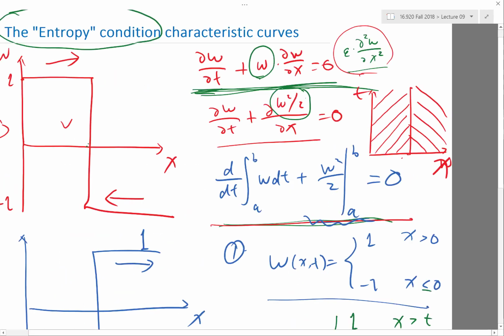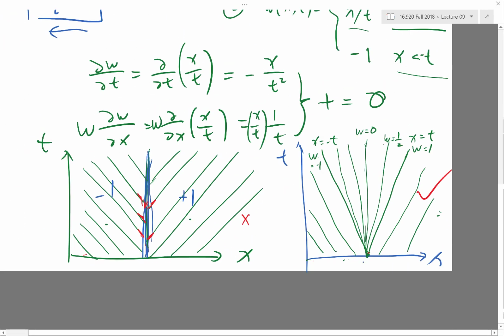If you look at this solution and discretize it using finite volumes, you would say, okay, if the solution fans out like this, how should the volume averages on cell I and cell I plus 1 change over time?